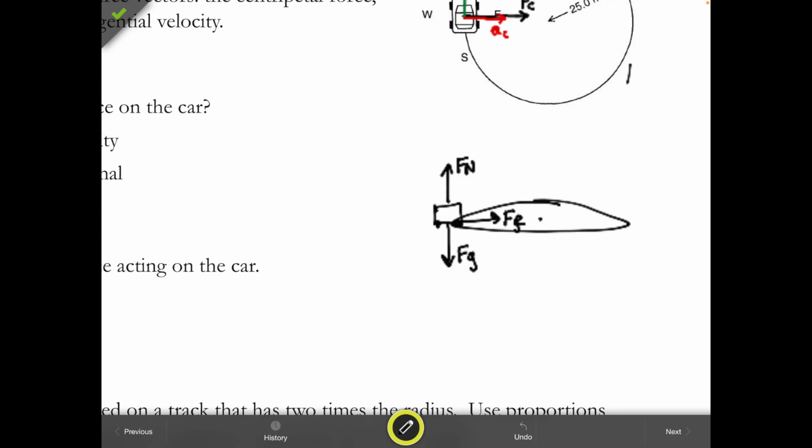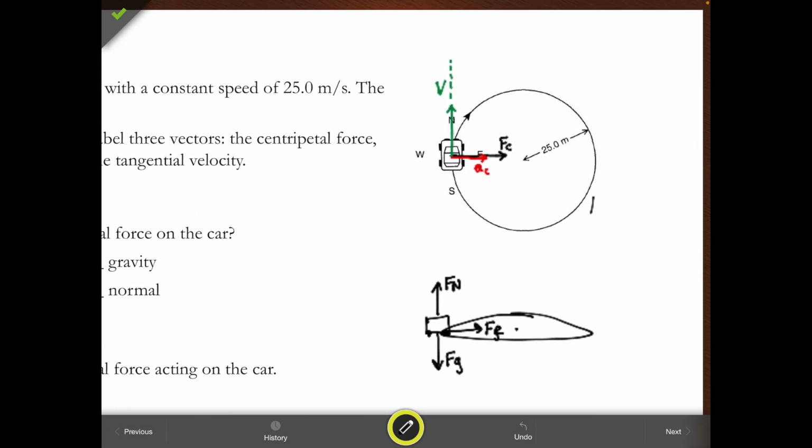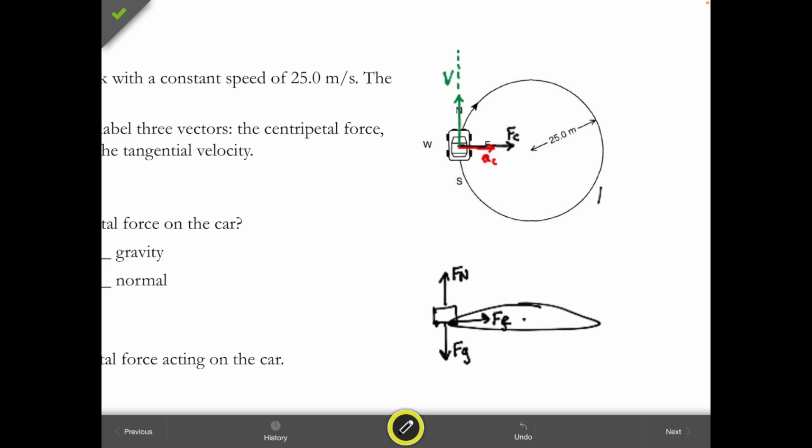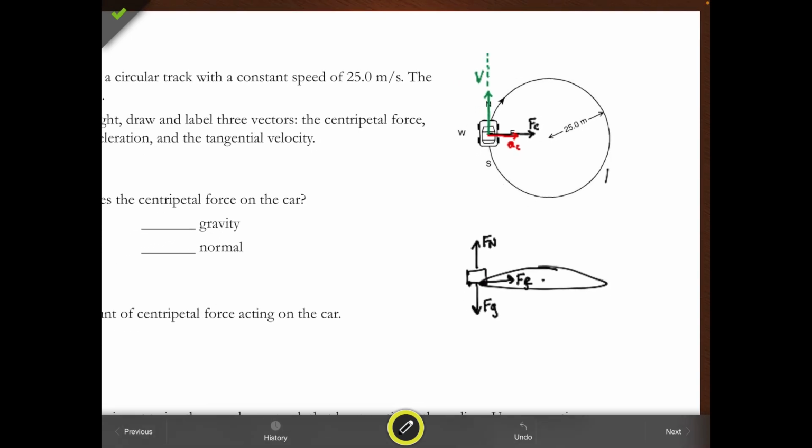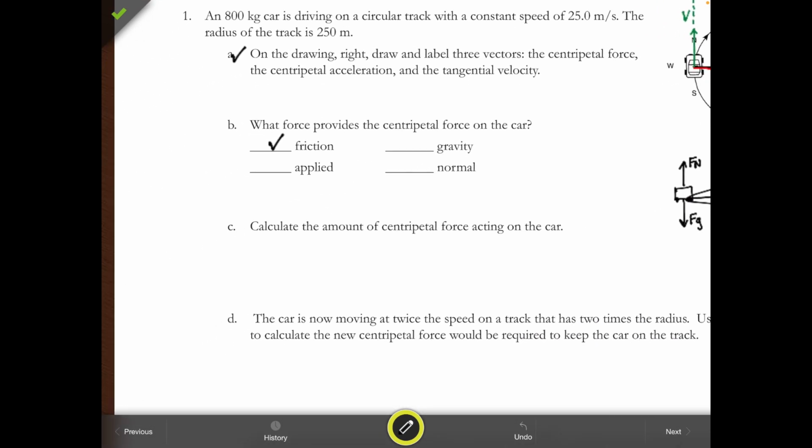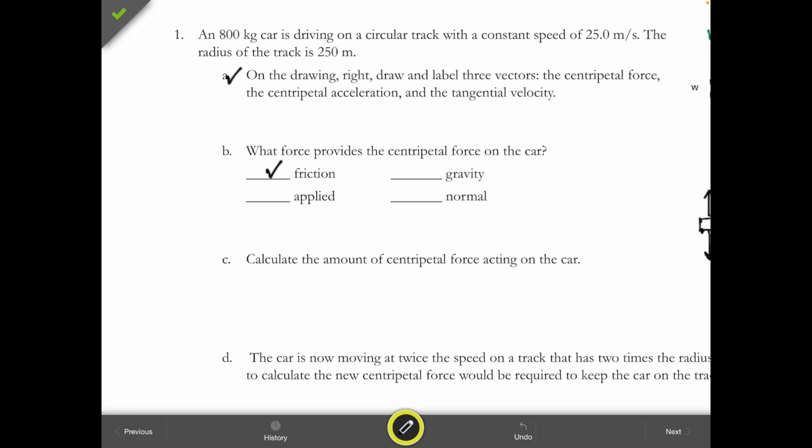Actually, if you want even more evidence here, imagine what would happen if we tried to make this turn on ice. If the friction force were not big enough, my car would just go in a straight line along its tangential path because its inertia carries it in that direction. Now, in this case, it says calculate the amount of centripetal force. And as you go through your equation sheet, we've got the choice of mv squared over r can be solved for force.